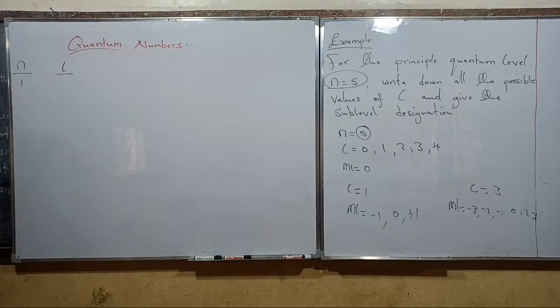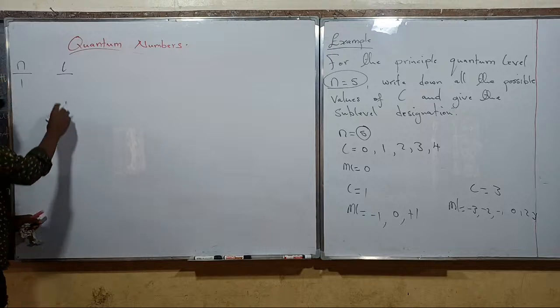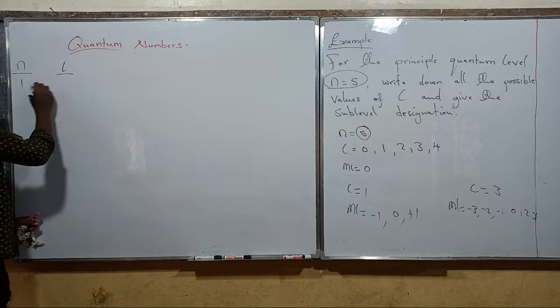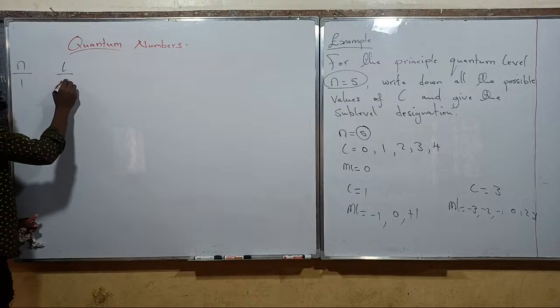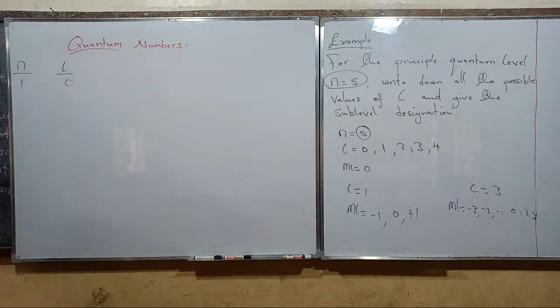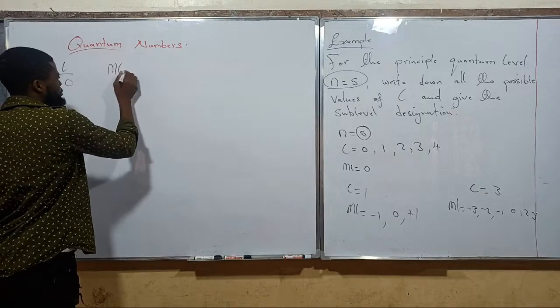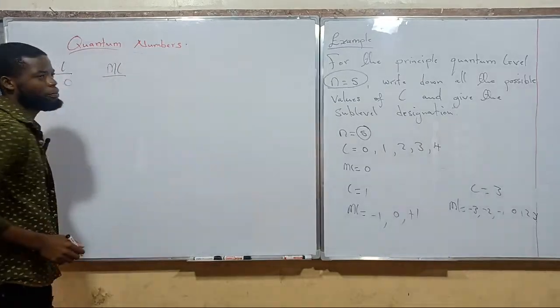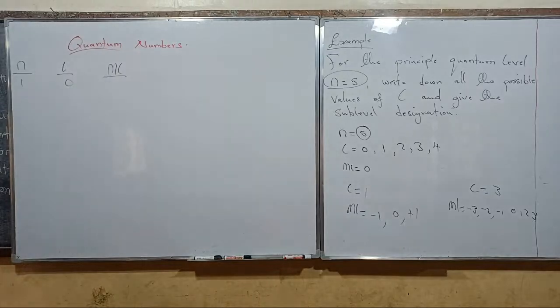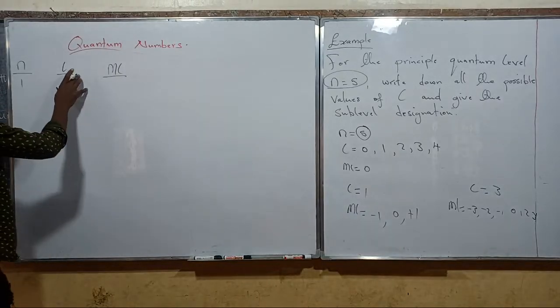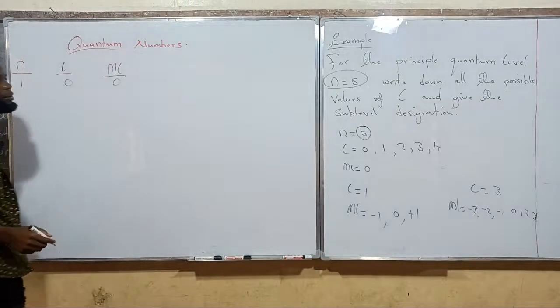So if n is equal to 1, L will have values up to n minus 1, so L is going to be 0. And we know the magnetic quantum number represents all the positive and negative values of L, including 0. Now, because L is 0, ML can only be 0.